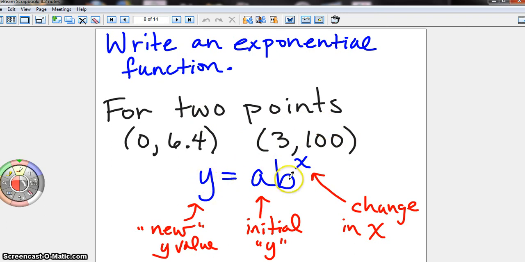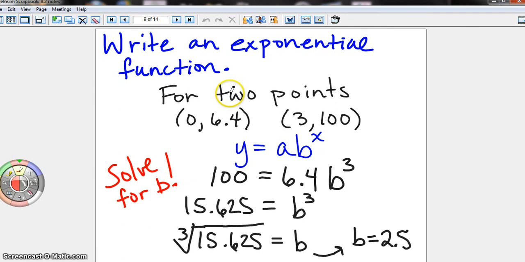And so my exponential equation is y equals a times b to the x power. This y is my new y value, which changed from my initial y value of a, and this b is how it grows, so that's my growth constant. And then x is the change in x. So we're going to look at a change in x.